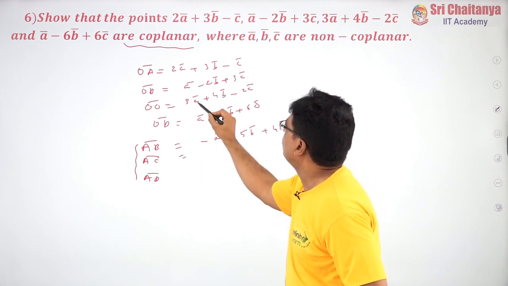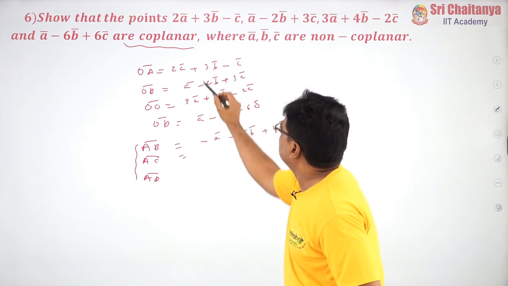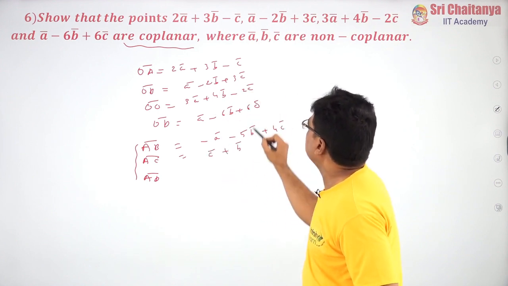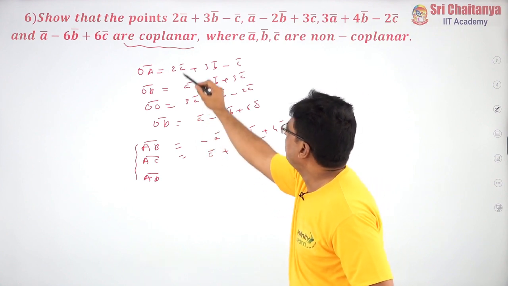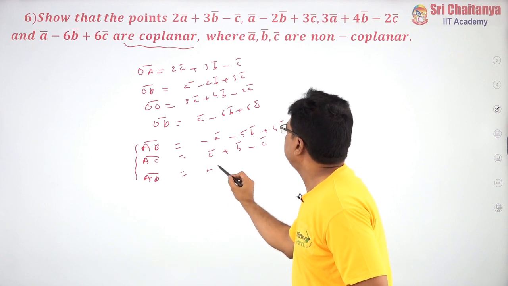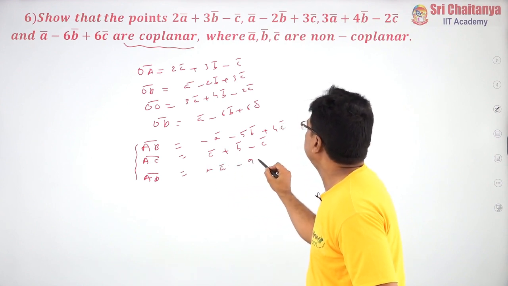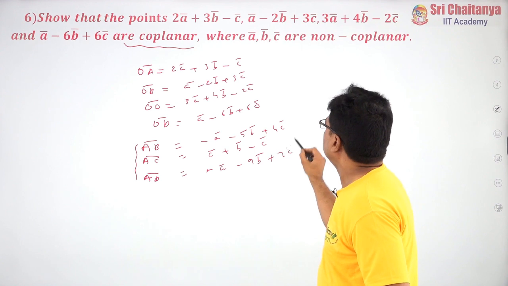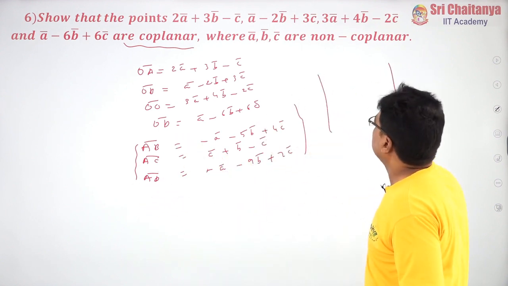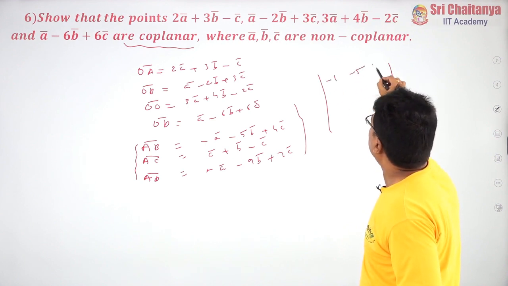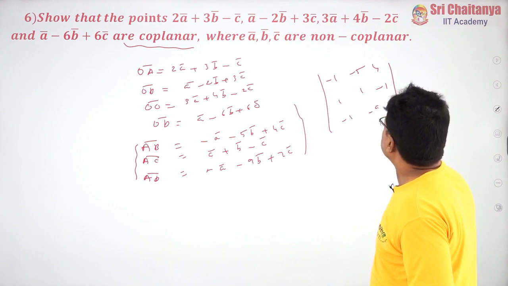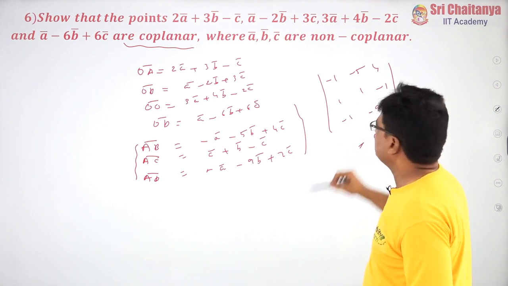AC bar is OC bar minus OA bar, that means A bar plus B bar minus C bar. And AD bar means OD bar minus OA bar, that means minus A bar minus 9B bar plus 7C bar. Now I got 3 vectors having the same initial point. Find the determinant: minus 1, minus 5, 4; 1, 1, minus 1; minus 1, minus 9, 7. You solve this, you will get this as 0.